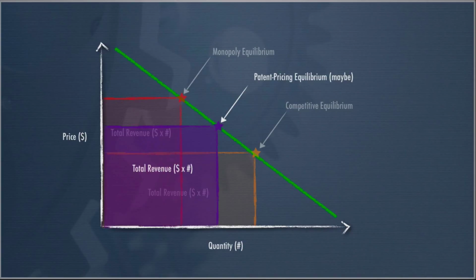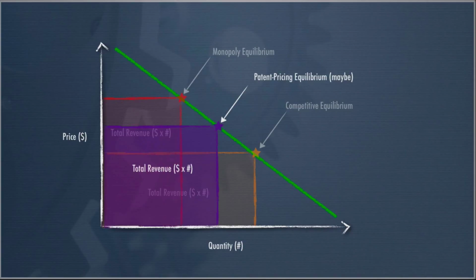That is more than a competitive revenue, but less than a full monopoly situation, and obviously each patent will have a quite different location along that demand curve, depending on the circumstances.